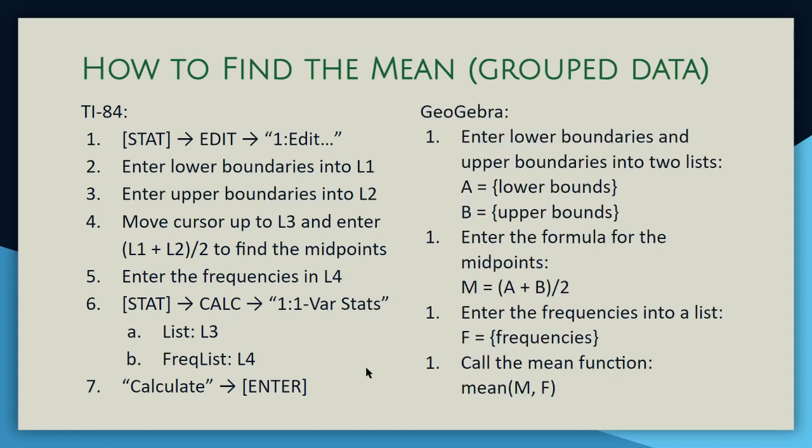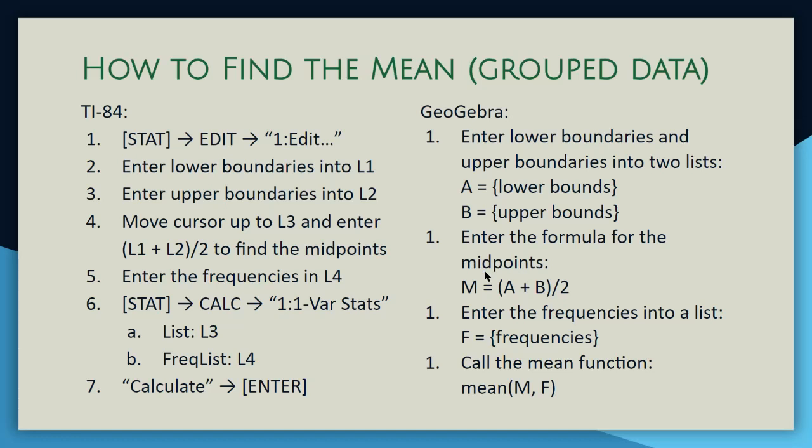GeoGebra is very similar. You need 2 lists, lower bound, upper bound. I typically call them a and b. And then in a new line, you're going to enter a formula. m equals, that m is the name of our new midpoint list. And then (a plus b) divided by 2 is the midpoint formula.